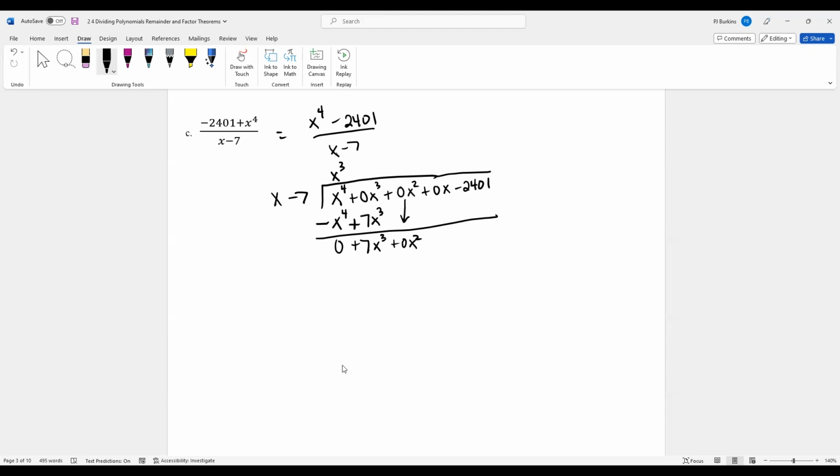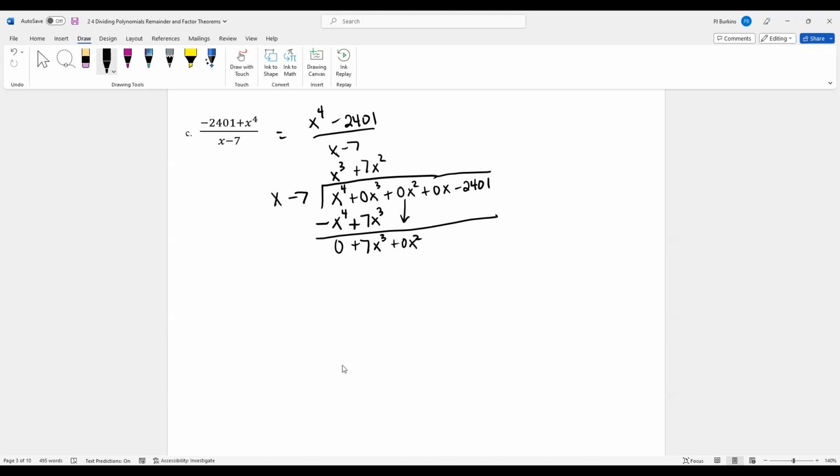Then how do I make x into 7x cubed? To do that, I would need to multiply by 7 and x squared. So even though there was no x cubed term in our dividend, you see that the factor we find does have an x squared term. That corresponds to that.